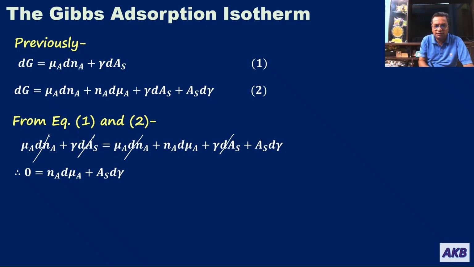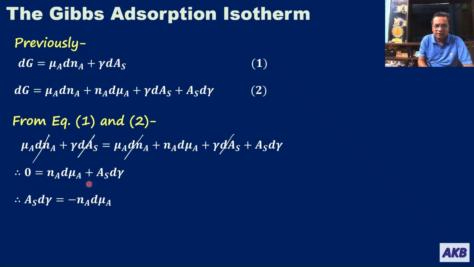So you are left with nothing on the left hand side, that is 0, which is equal to nA into d mu A on the right hand side, plus As into d gamma.